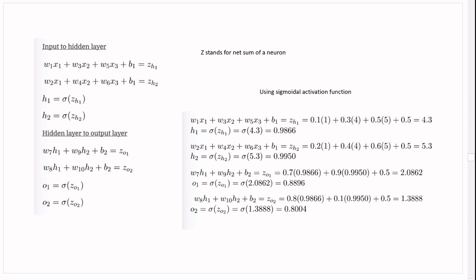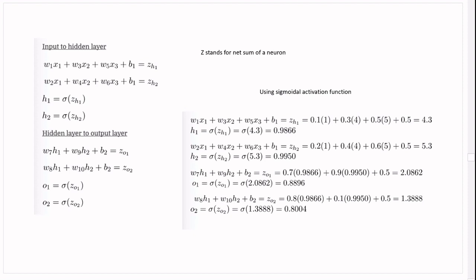This is based on the configuration of the network that we have. Now, this net sum is going to be fed to the activation function. So let us say H1 is the output of the activation function for hidden layer neuron 1, and H2 is the output for hidden layer neuron number 2.